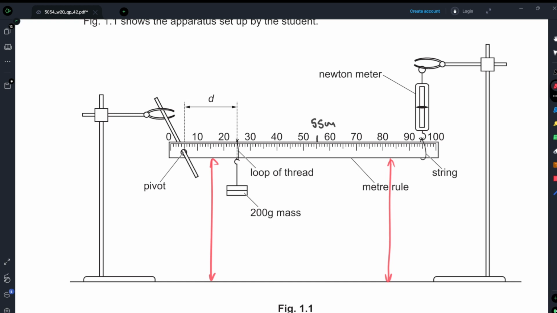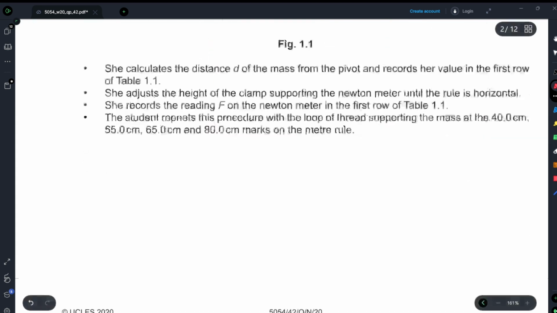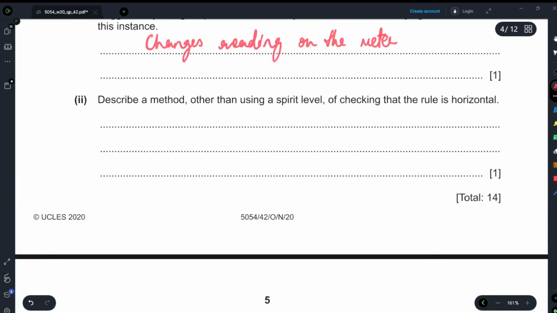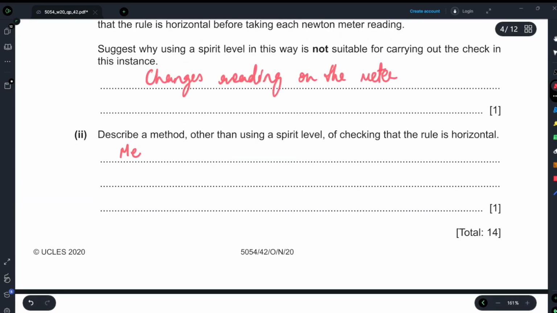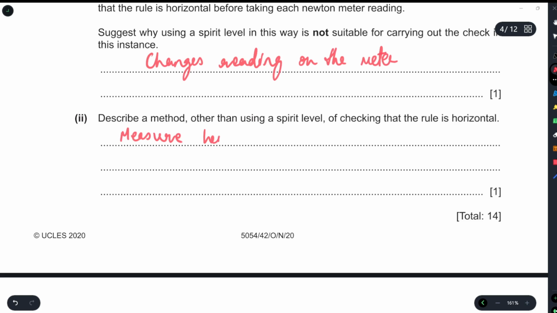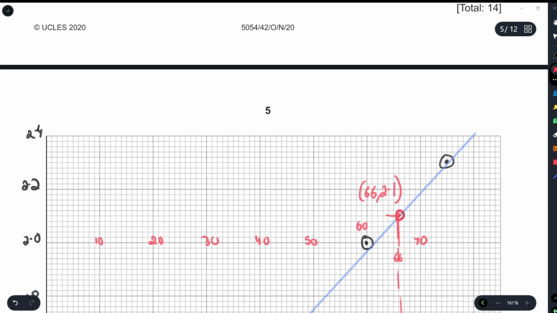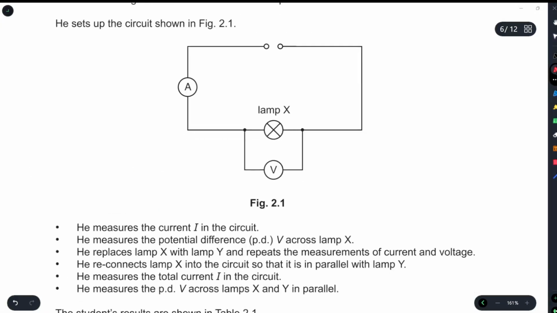Because we need to make sure that our apparatus is essentially balanced with the floor. ठीक है, कोई चीज़ आगे पीछे ना हो रही हो, with respect to the floor, ठीक है. तो that's essentially what you can do. So measure height from floor at various points. ठीक है जी. So that's the graph done, that's everything done, so we're good to go.